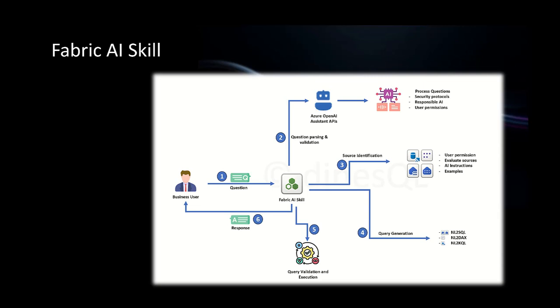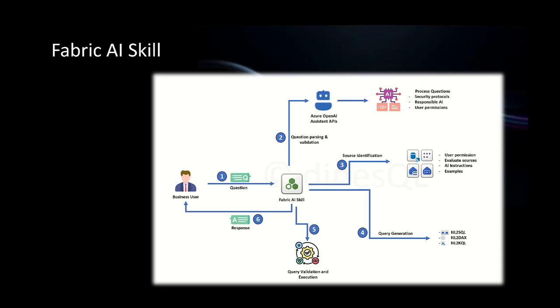You can configure it for lakehouses, warehouses, KQL databases, and semantic models. For one Fabric AI skill, you can configure only five sources, but you can mix them. For example, you can have two lakehouses, one warehouse, and one semantic model. But it is limited to five. Once it is configured, you can publish it. Once it is published, users can simply ask questions against the related data.